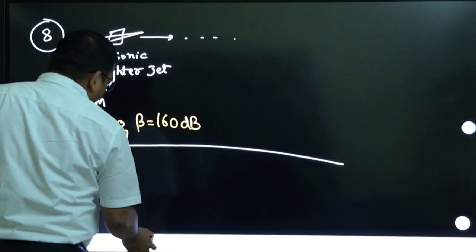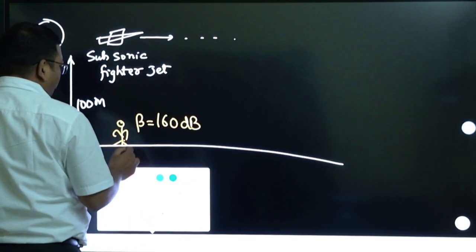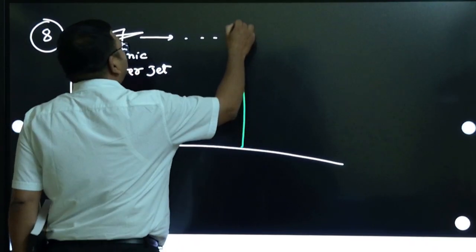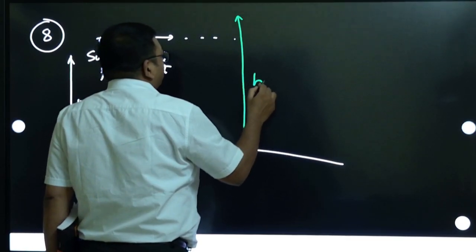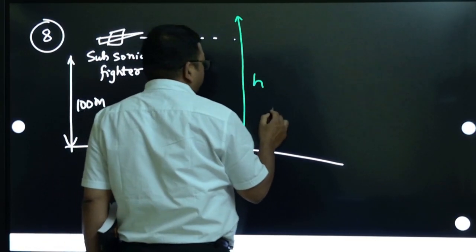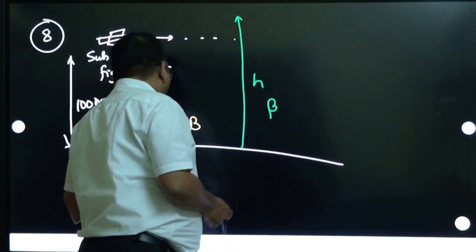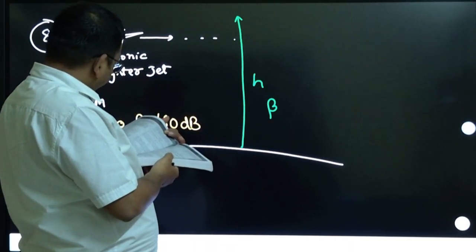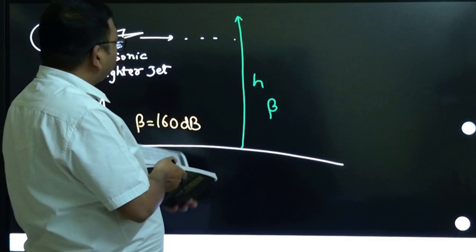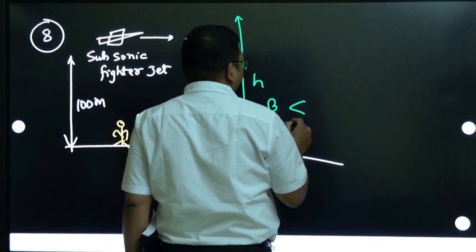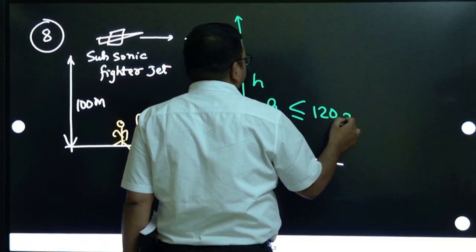They are saying the ground noise should not be greater than 120. It should be less than or equal to 120 decibel.